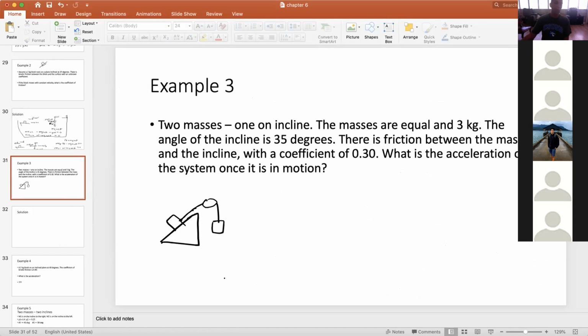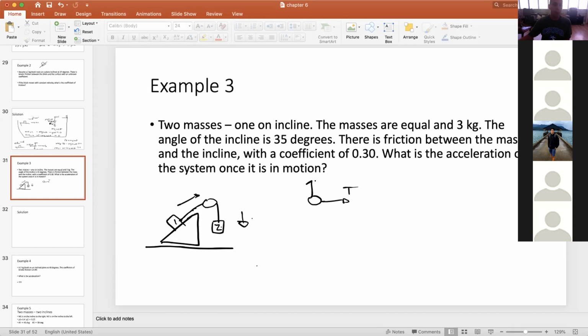Now, which way is this system going to move? Well, we don't know. I'm going to assume, and this is actually really hard, that they're going to move up. I'm going to call this 1 and 2 even though they're equal. Mass 1 is moving up the incline and mass 2 is dropping.